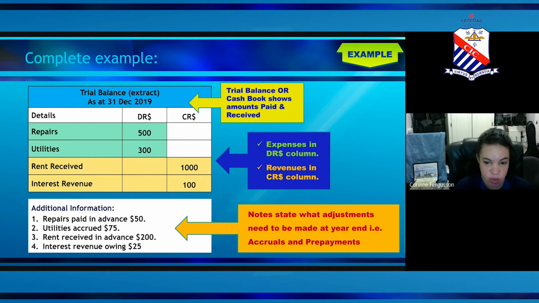So that is where you would find that information in the notes down below, or the additional information that will tell you what has been accrued or what has been prepaid, if any. So once again, trial balance tells you the amount paid and received, and the additional information or the notes tell you if there are any adjusting entries that have to be taken into account, any accruals or prepayments.